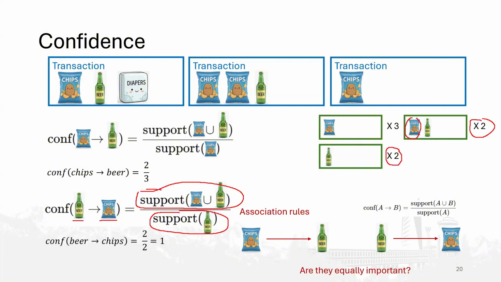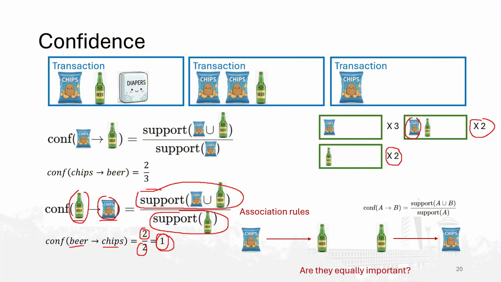So that means the confidence for when you see the customer buy beer, how likely they will also buy chips will be 2/2. So that will be 1. That will be the confidence. So that means in our data, if you see the customer buy beer, then it's almost 100% that the customer will also buy chips. So that will be the confidence for the second association rule.